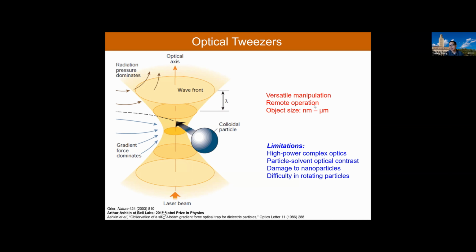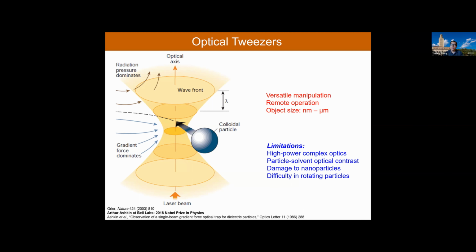It's also versatile: using a computer, you can control the laser beam to achieve arbitrary control in 3 dimensions. Also, the size of objects that can be manipulated fits well with many biological components at the nano to micrometer scales.